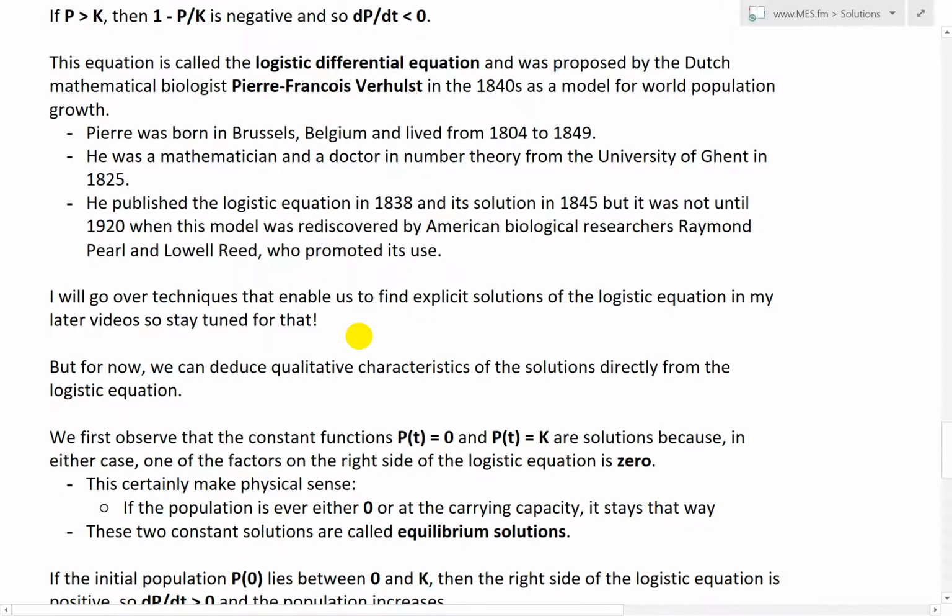He published this logistic equation in 1838 and its solution in 1845. It was a long time to find out its solution, but it was not until 1920 that this model was rediscovered by American biological researchers Raymond Pearl and Lowell Reed, who promoted its use.